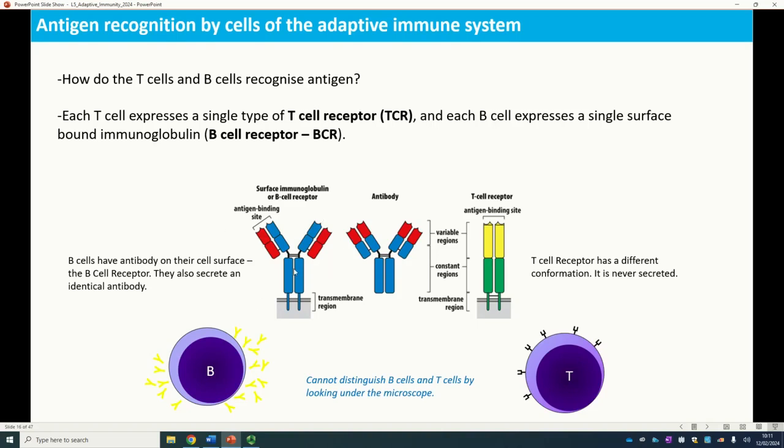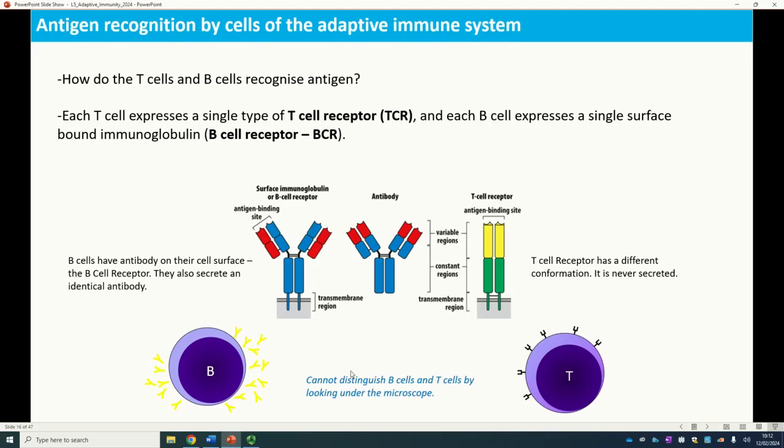The B cell receptor, you can see, has this antibody shape. Essentially, it is membrane-bound immunoglobulin. And when that B cell secretes antibody, it will secrete antibody that's identical to its membrane-bound receptor. We have a slightly different structure for the T cell receptor that we'll look at.